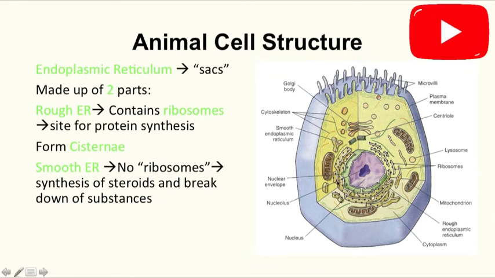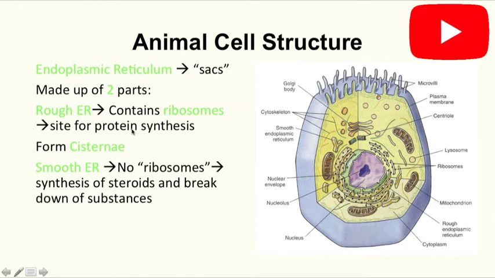The endoplasmic reticulum is continuous with the outer membrane of the nucleus. As I mentioned before, the nuclear envelope is a double membrane, and the outer membrane is just continuous. So it's just folds and continuity of the outer membrane of the nuclear envelope.